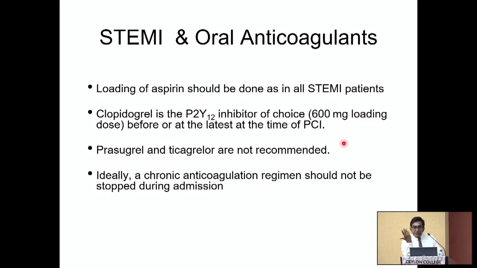For this patient, loading aspirin is as usual, 300 mg. You can't give prasugrel or ticagrelor because of high bleeding risk; you give only clopidogrel, the drug of choice, with a 600 mg loading dose before PCI. Ideally, the chronic anticoagulant regimen should not be stopped during the admission; you should continue.